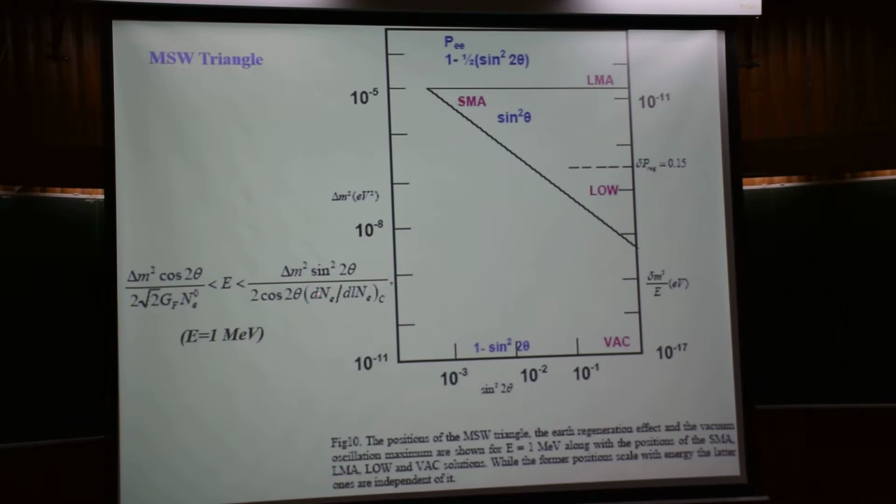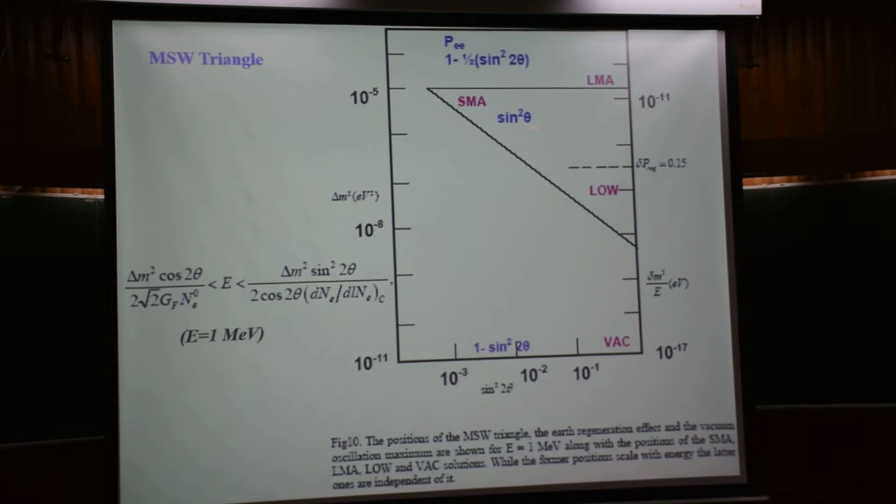And it is a log plot, so the limit is on the product delta m square sin square 2 theta. In a log plot it will be a sum of log delta m square and log sin square 2 theta, so it will be a plus b equals constant, x plus y equals constant. So it will be a diagonal line. Draw the diagonal line. If you go by 3 orders of magnitude here, here it will go by 3 orders of magnitude. So this will be the triangle. Clear?